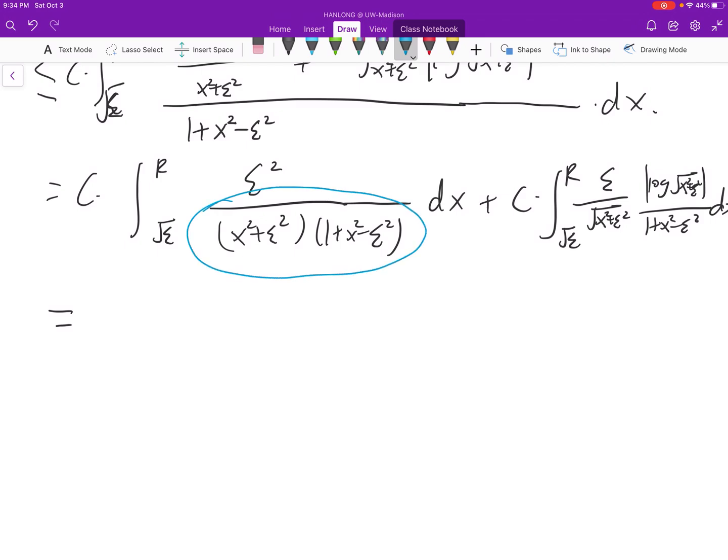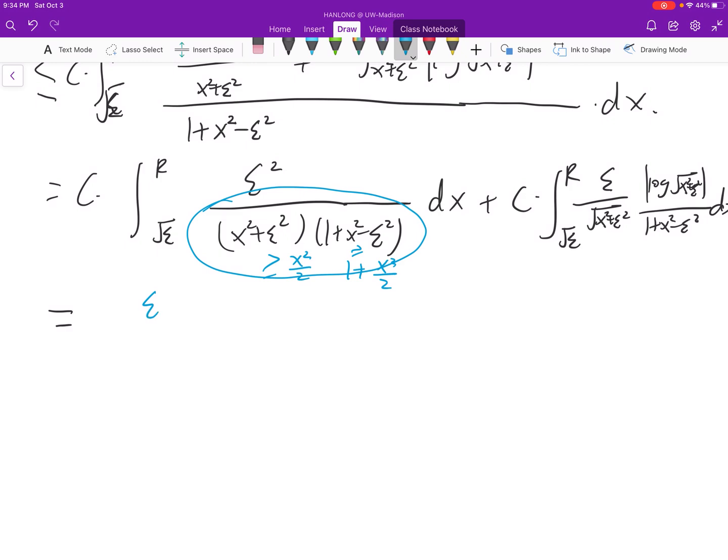You do the u substitution, let x be... actually you can drop epsilon square, so replace this by half x squared over 2, 1 plus half x squared over 2.